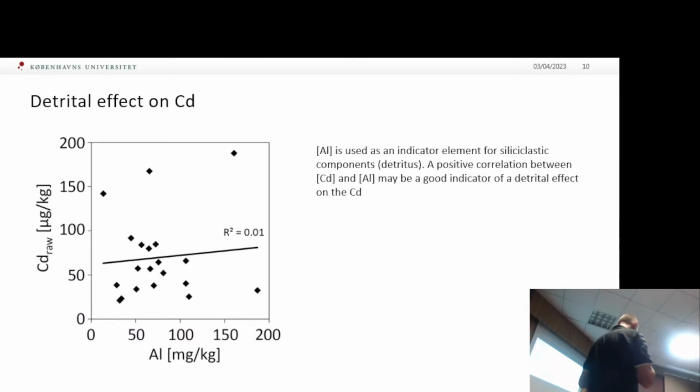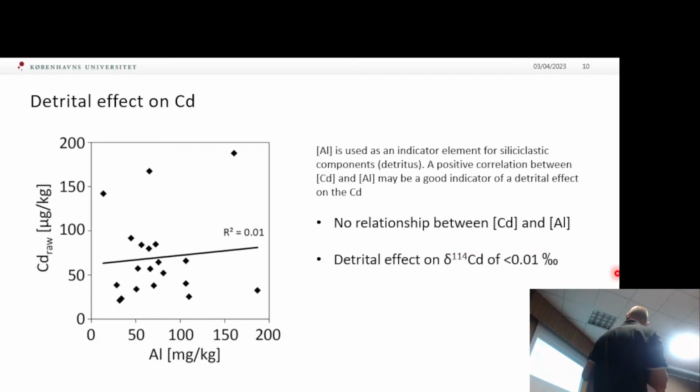Then we tested the detrital effect on cadmium, and we used aluminium as an indicator. And as you can see, it's just like a buckshot. There's no link at all between the raw cadmium and the aluminium.